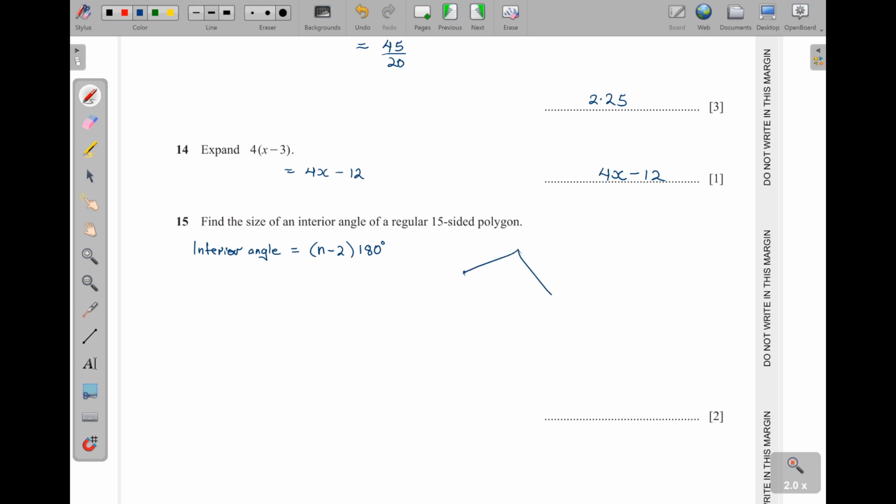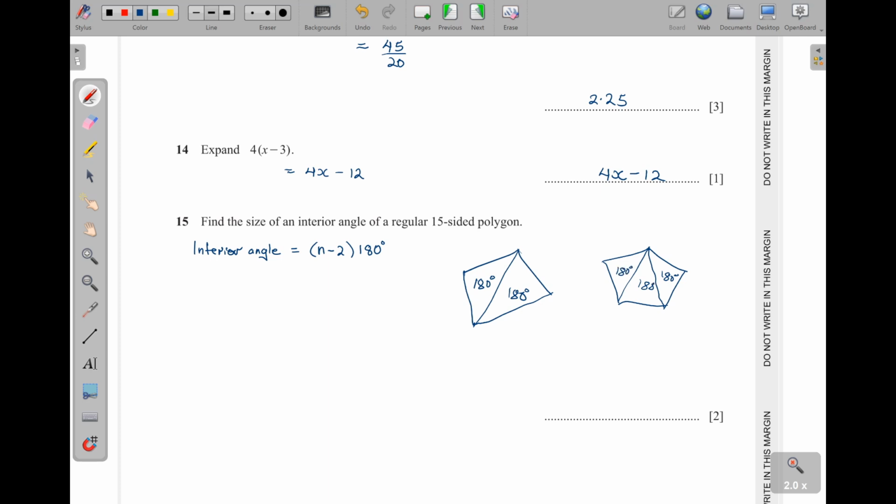For example, if I have a quadrilateral, I will have 2 triangles. This one adds to 180, this one adds to 180. If I have, let's say, a pentagon, we draw these triangles from the same point. These are now 3: 180, 180, 180. You see that?